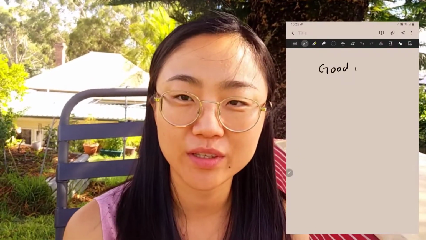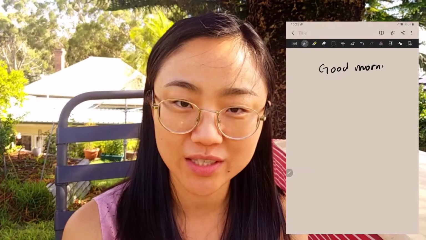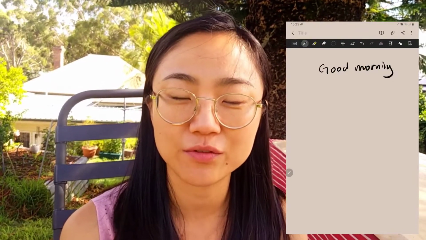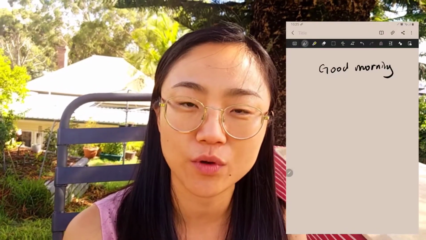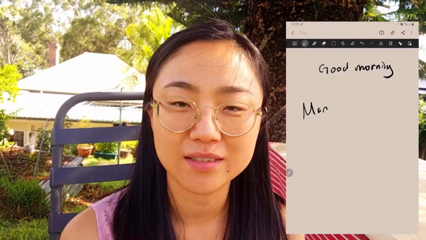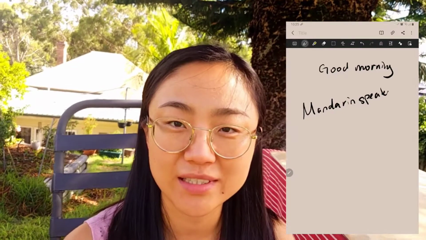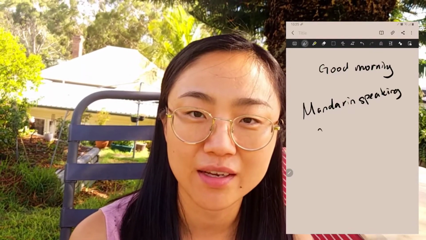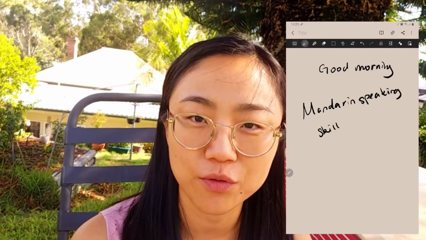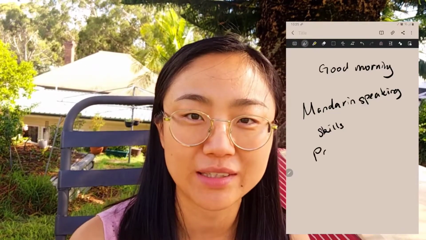Good morning, everyone. Last time I mentioned doing a project and designing a project for yourself to improve your Mandarin speaking skills. In this video, I'm going to go into more detail about how to design a project to improve your Mandarin.